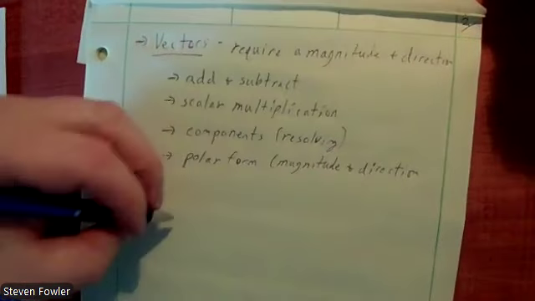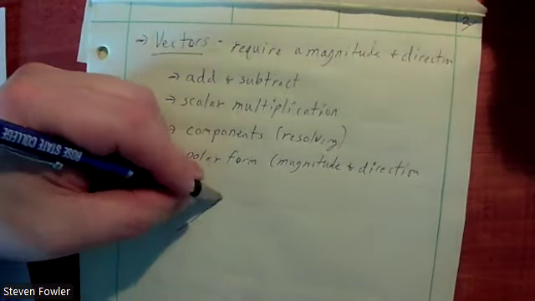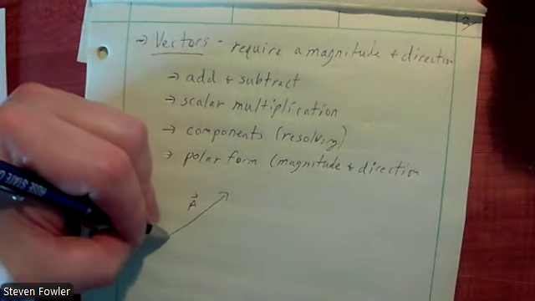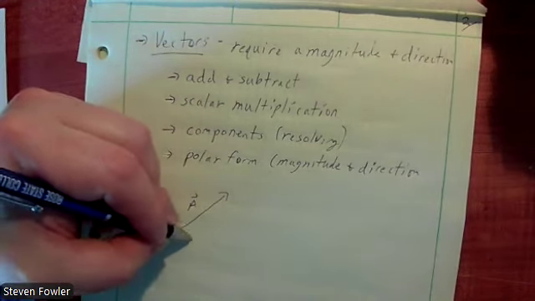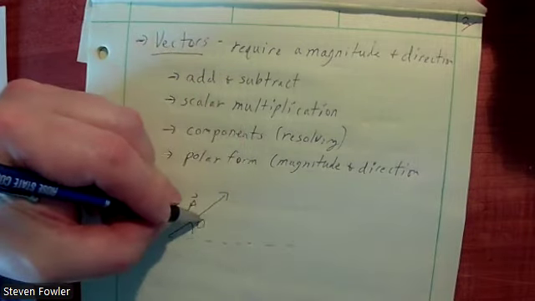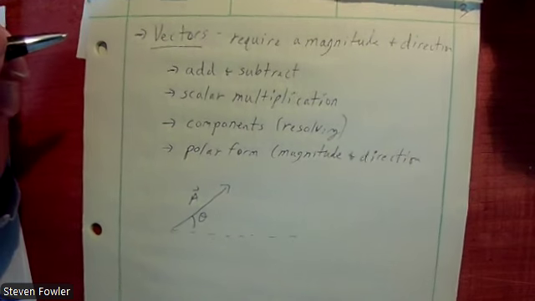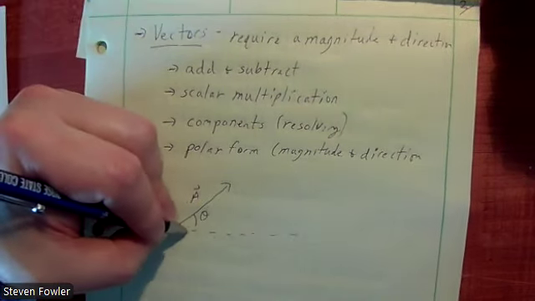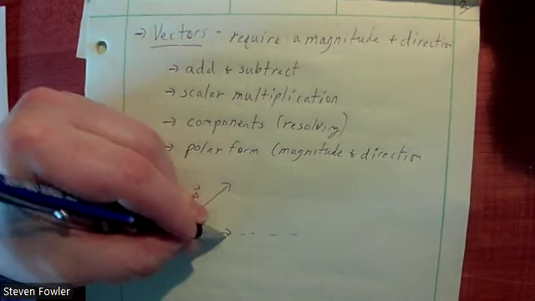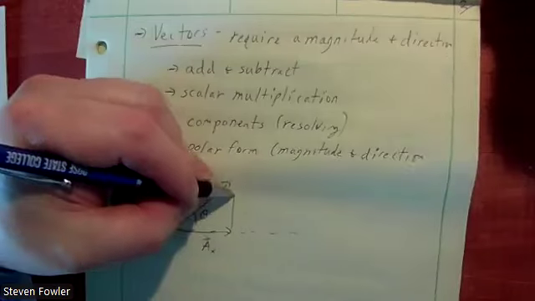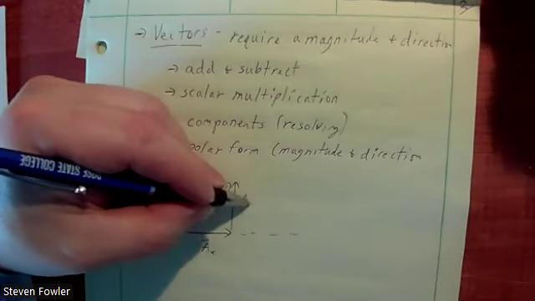Right? And what we're saying there is, if I've got, again, just as a reminder, vector A, and that vector A is at some angle theta measured from horizontal or measured from the positive x-axis. If I resolve this vector, that means I can add the x component of A to the y component of A.